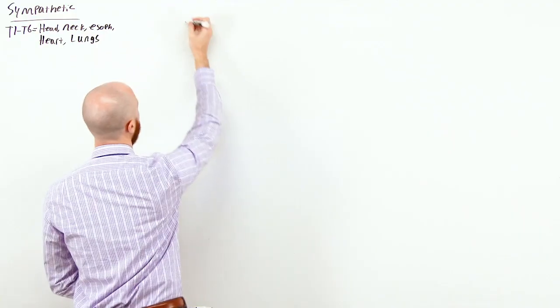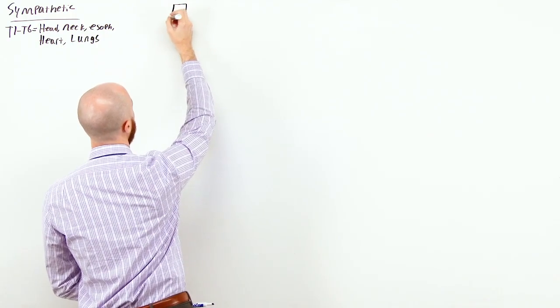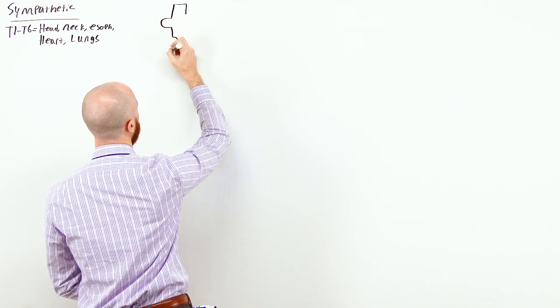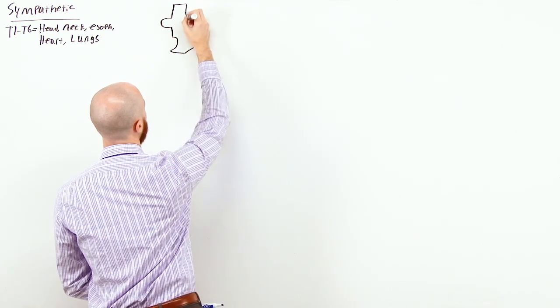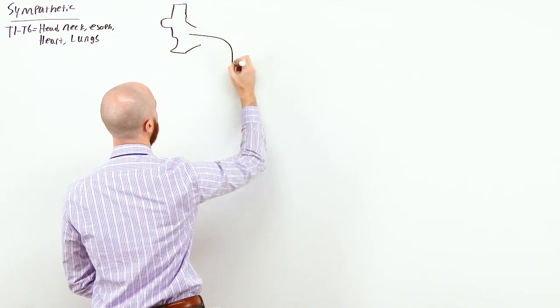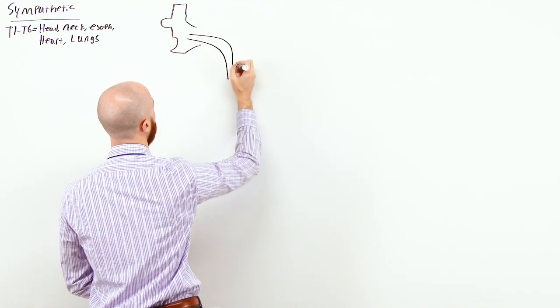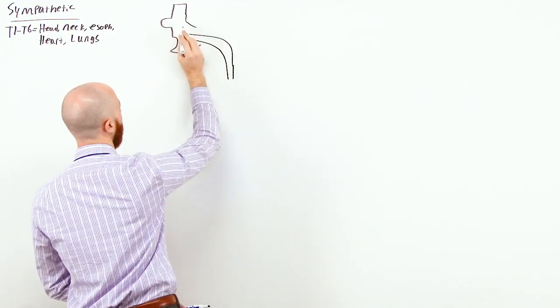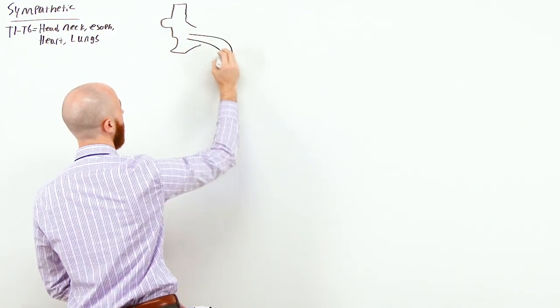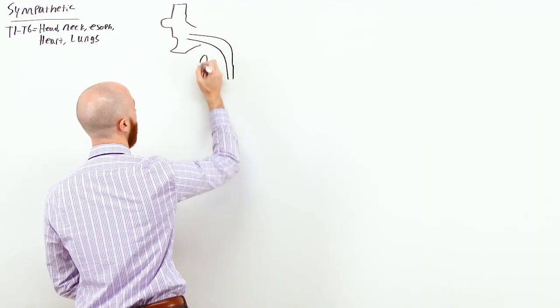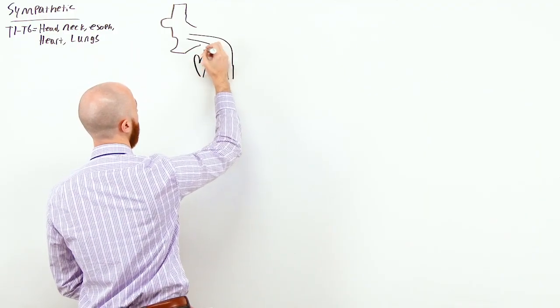So as a picture, we have the head, the neck, the esophagus, the heart, and the lungs.